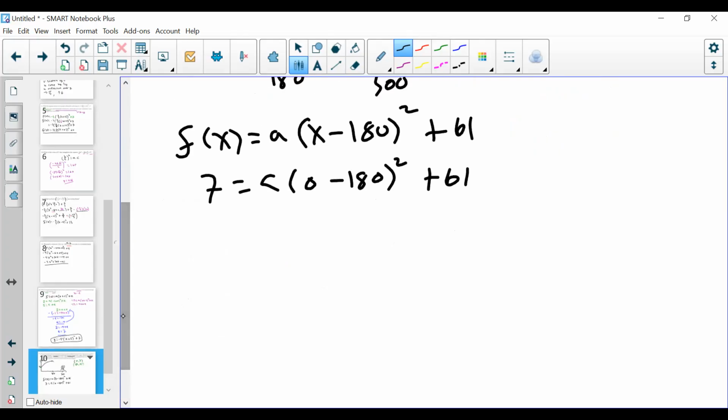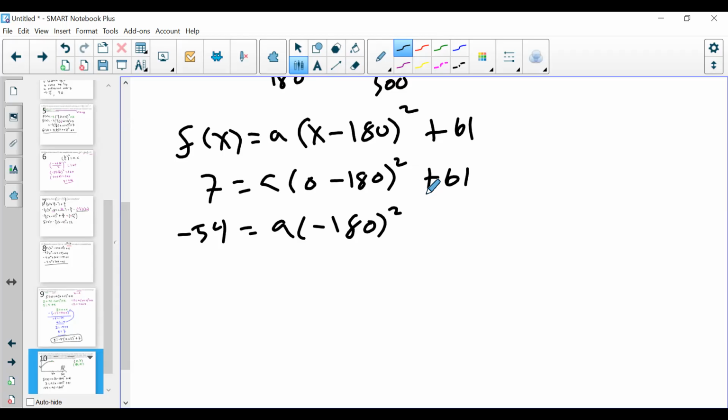I can subtract the 61 over, and when I do, what is that? Negative 54 equals a times 180 squared, negative 180 squared. So whatever 180 squared is, I'm going to figure that out.